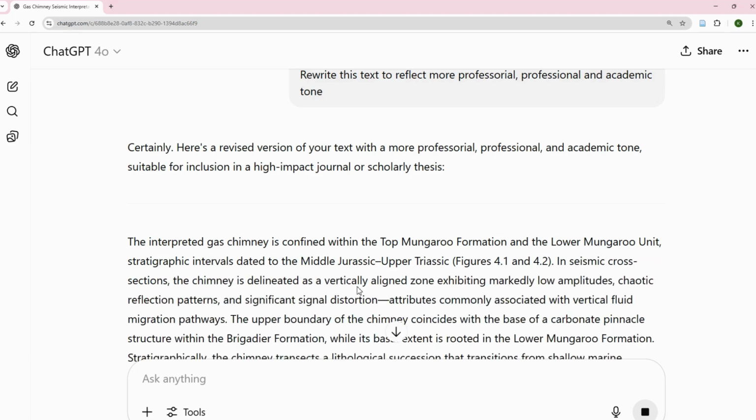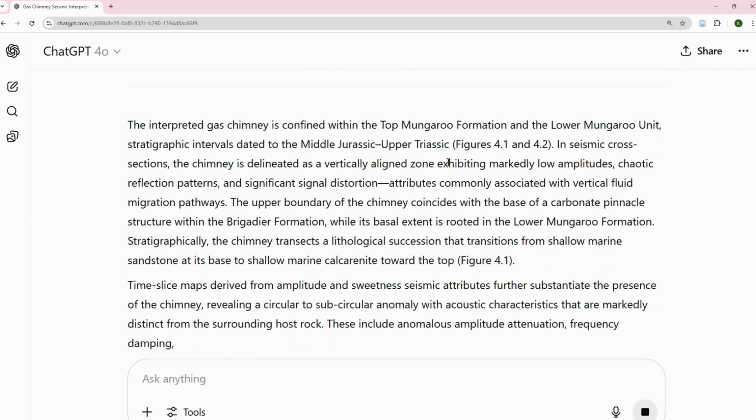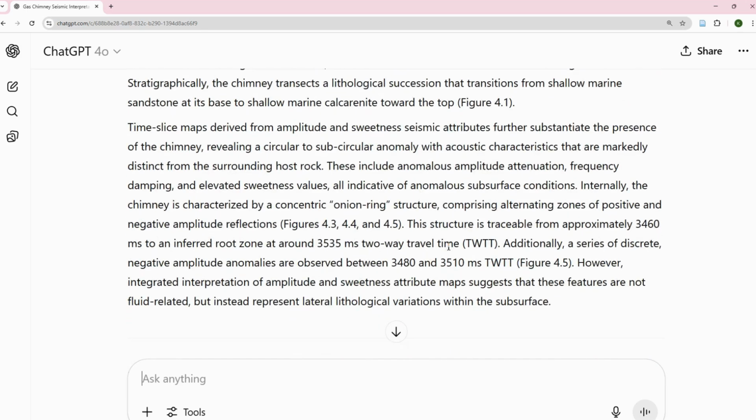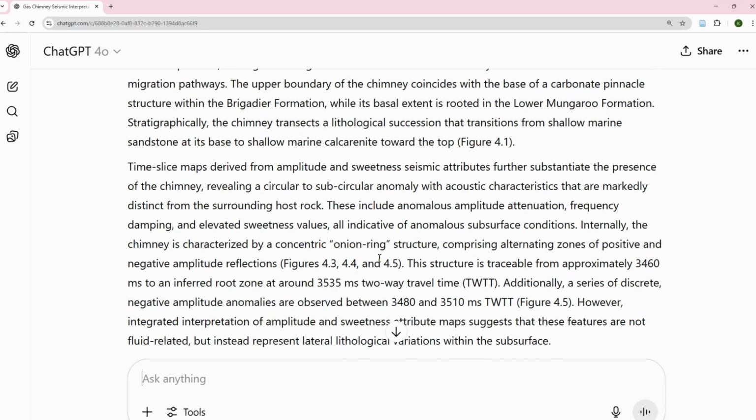So the interpreted gas chimney is confined within the top Mungaro formation and the lower Mungaro unit, stratigraphic interval dated to the lower Jurassic. In seismic section, the unit is delineated as a vertically aligned zone showing markedly low amplitude. Very, very professional, right?